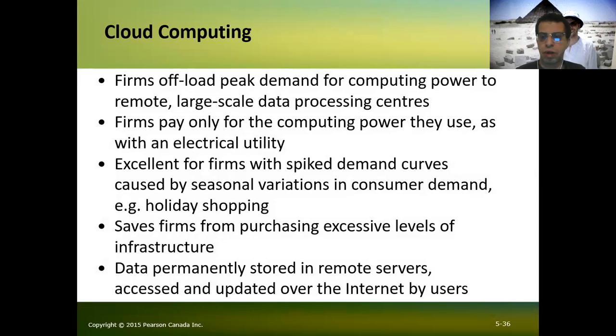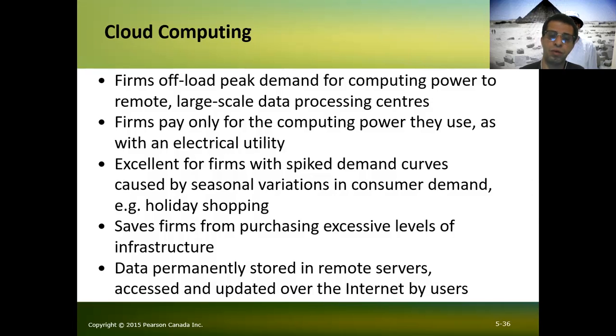And I guess the trend that you hear about is cloud computing, in which firms offload peak demand for computing power to remote large-scale processing centers, or they just offload all their hardware, networking and infrastructure plus software. Firms pay only for the computing power they use, as with electrical utilities.